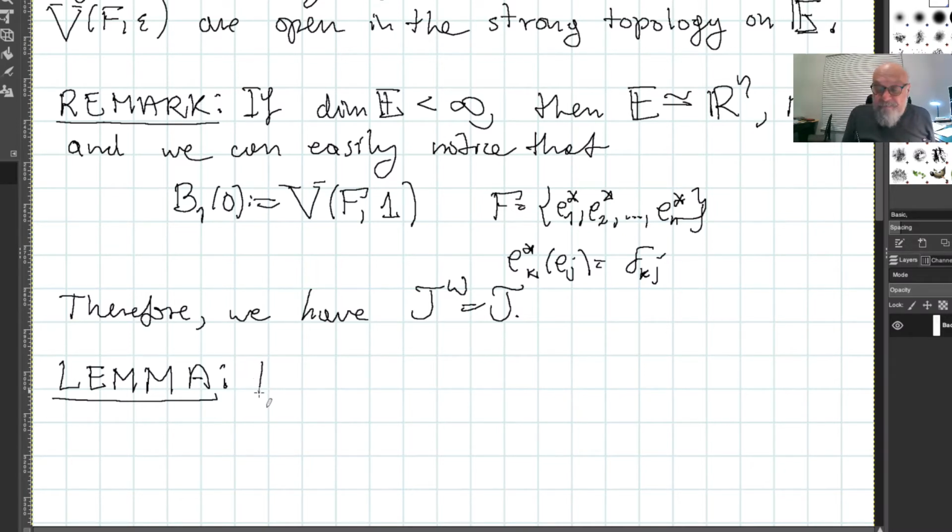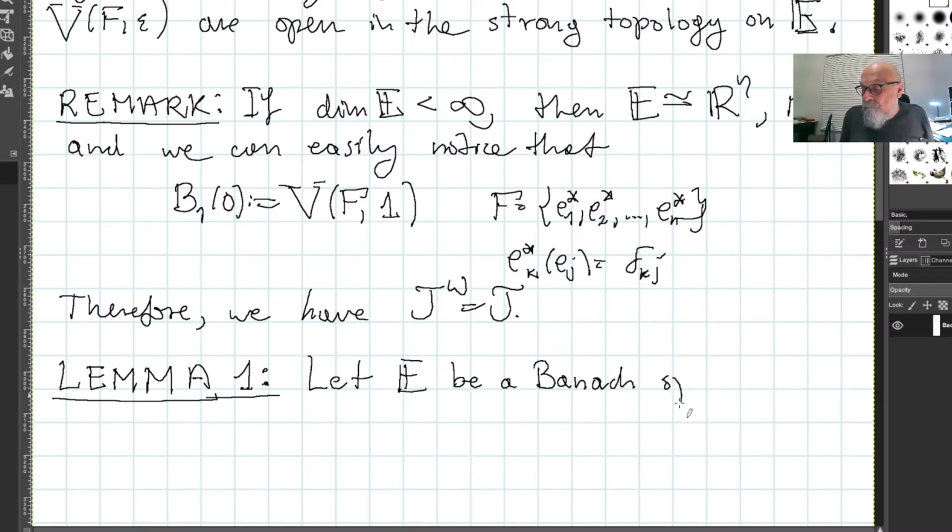Call this lemma, I think it's a good idea to give it number 1. So let E be a Banach space, and x0 is a point from this Banach space.